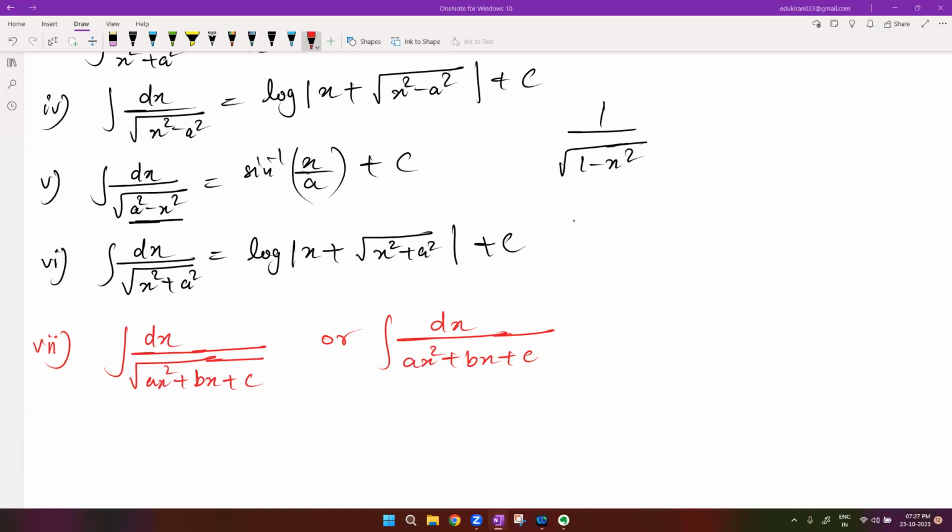Now the important part starts after this: we can definitely solve these expressions using the completing the square method. But along with this, we can also solve any expression of this kind.